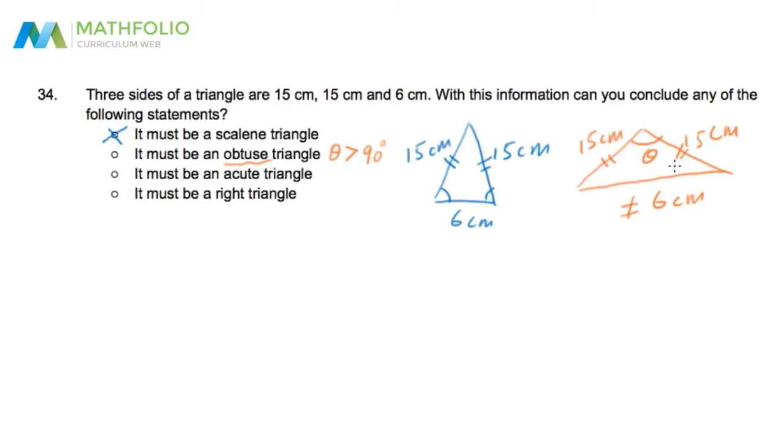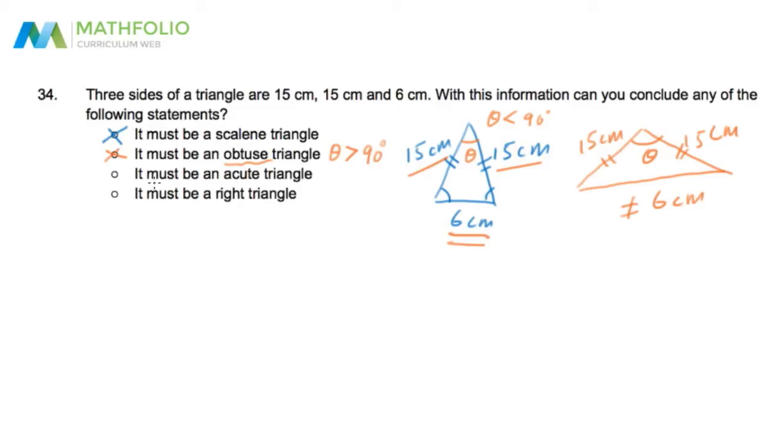So in this case, this could not be true. And so because this side here, the 6 centimeters, is smaller than both the 15s, it means that this angle at the top, theta, must be acute. So theta must be less than 90 degrees. That's for sure. Okay, so it cannot be the second one.